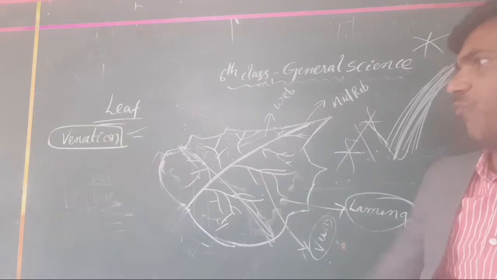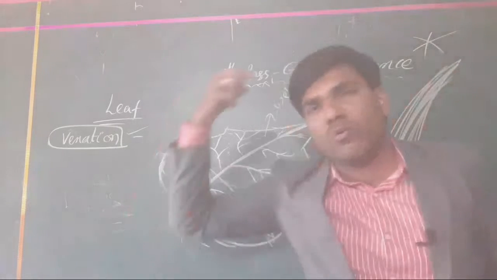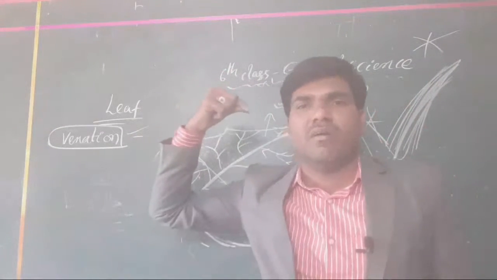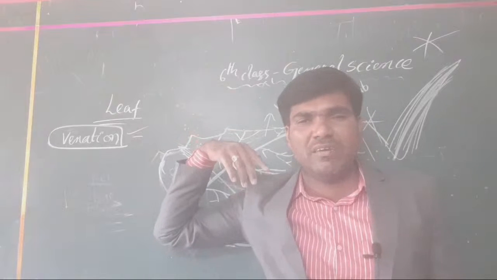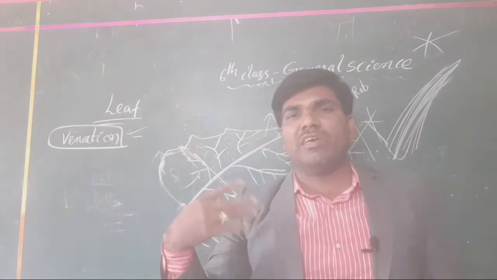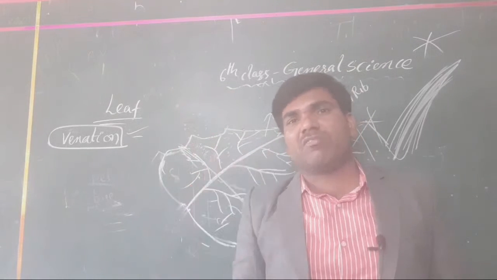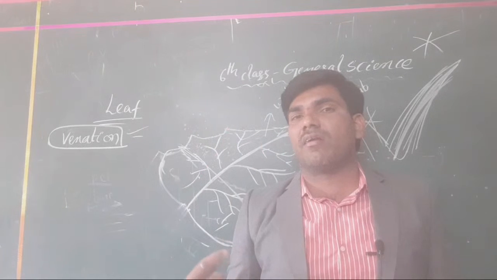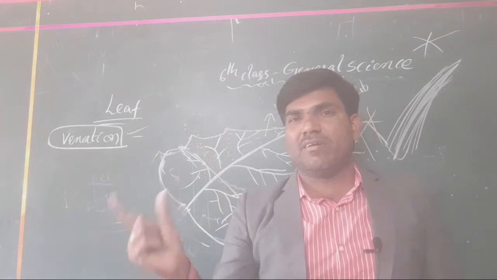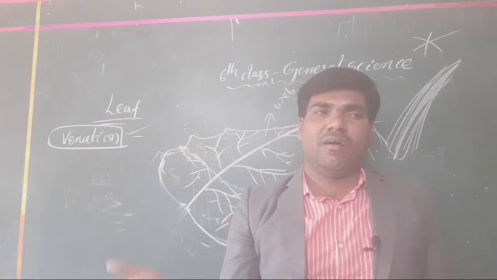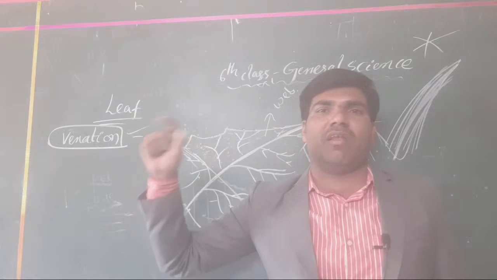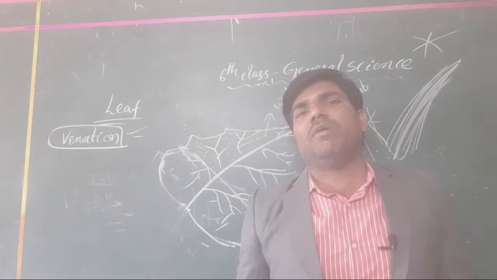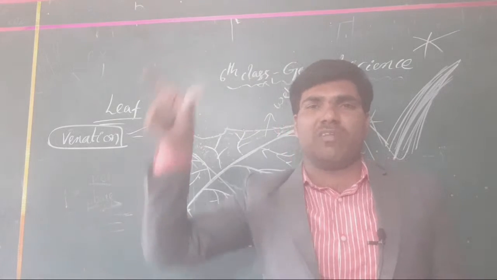What is the use of venation? What is the use of bones in our body? Actually, bones give the structure of our body. Clear or not all the students? The skeleton is added with the meat, as well as the nerves and the skin, and that becomes this body.